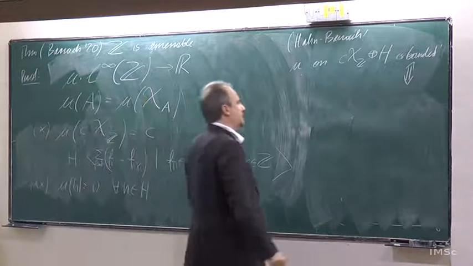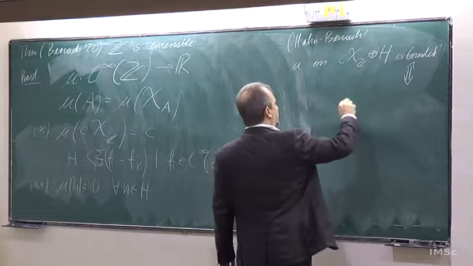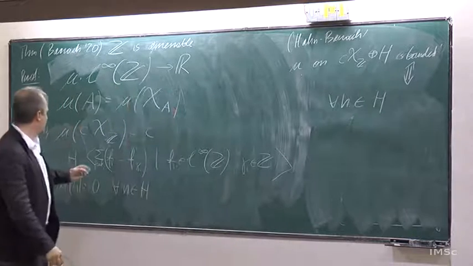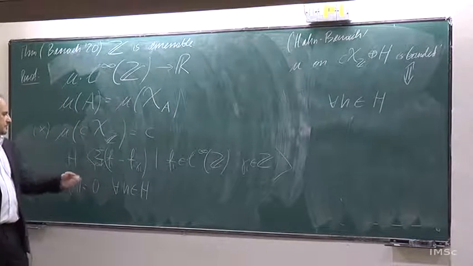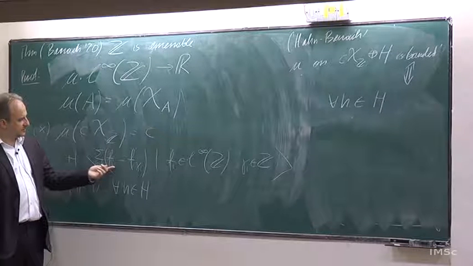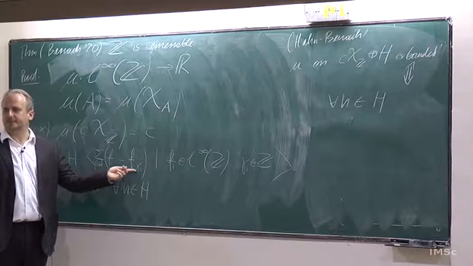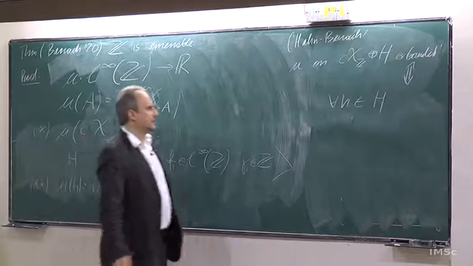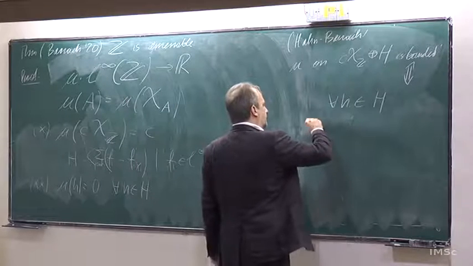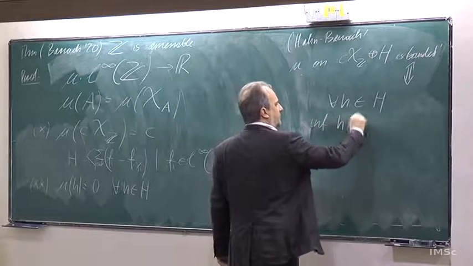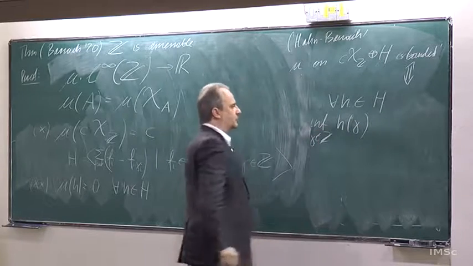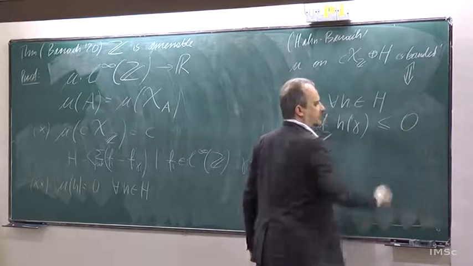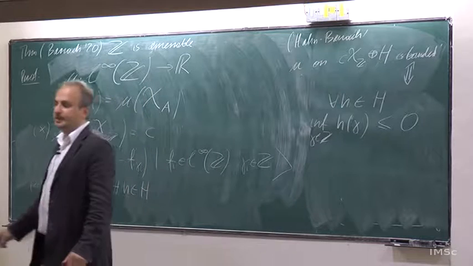proving the following property: if you take any function in H, okay, so any function which is a function minus its translation by an element in the group. And also, if you take a finite sum, actually, if you take the infimum of H of gamma over all elements in the group, the infimum will be non-negative.